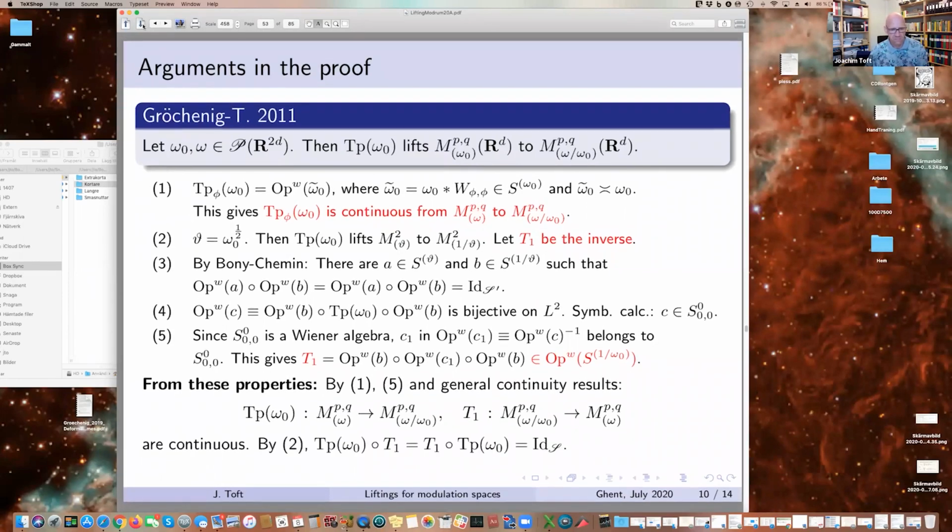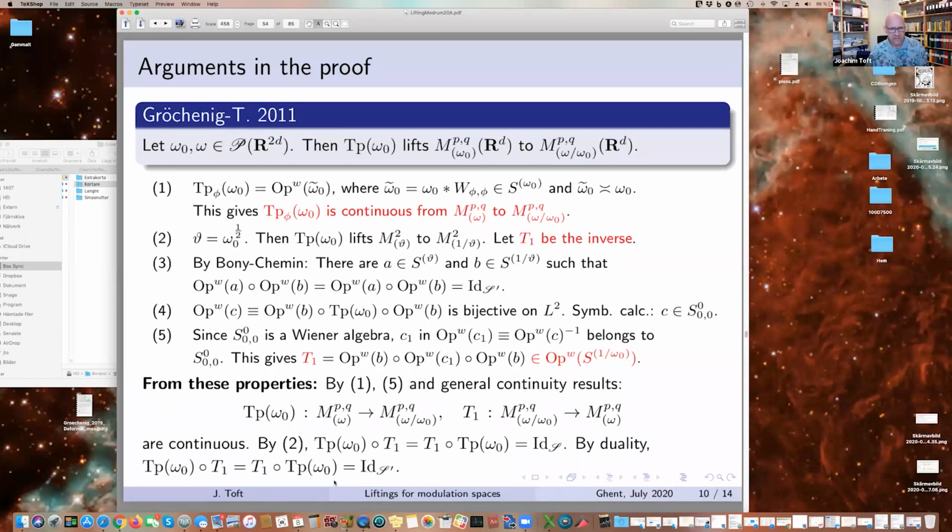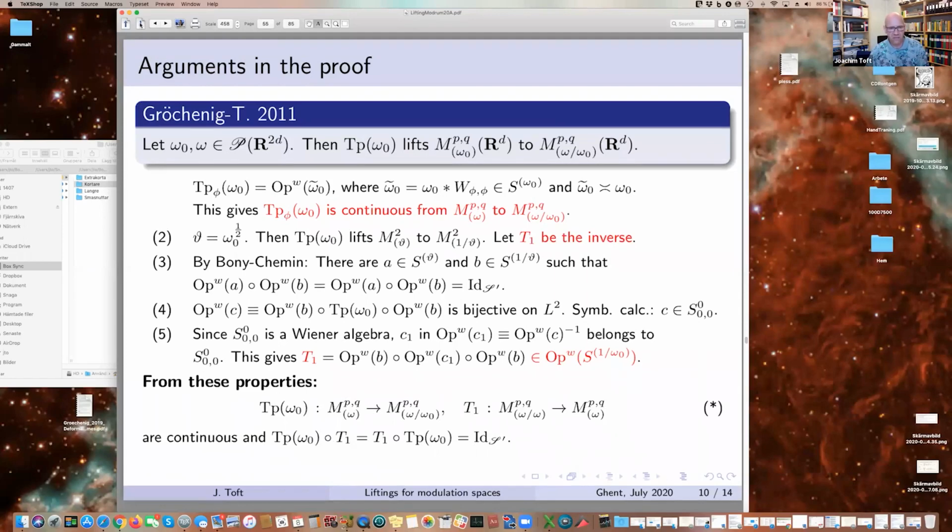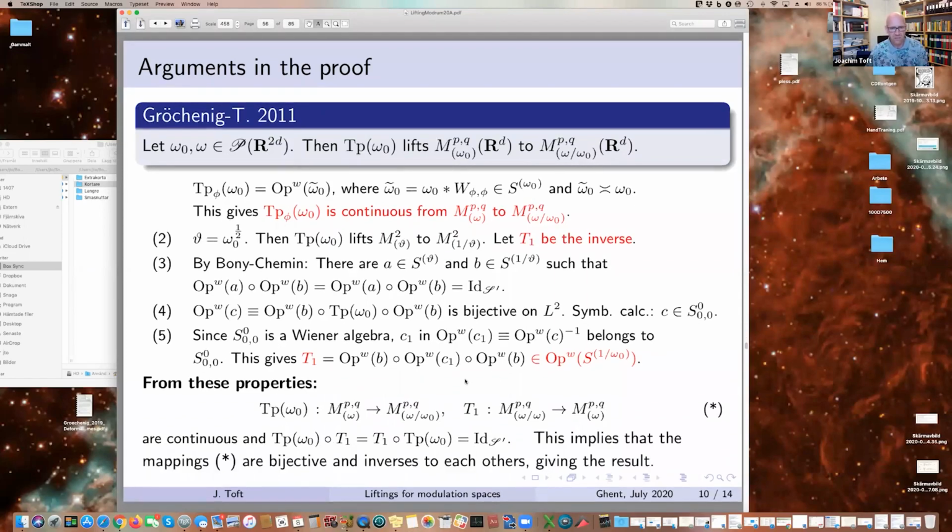And by 2, we can also see that these are identities on the Schwartz space, and then they are also the identities on S prime. And therefore, by taking the good restrictions, it follows that these operators here are not only continuous, but they are actually inverses to each other. And this shows that this TP of omega 0 is a lifting.